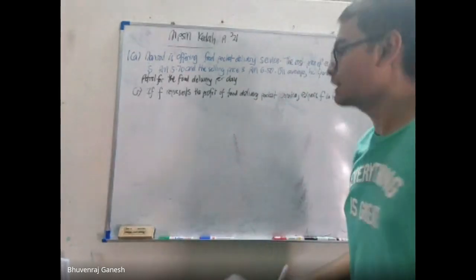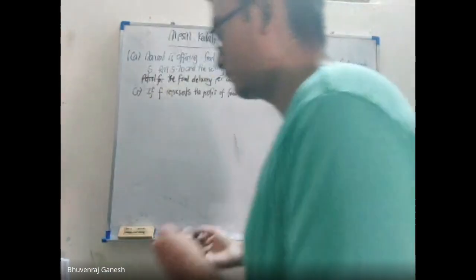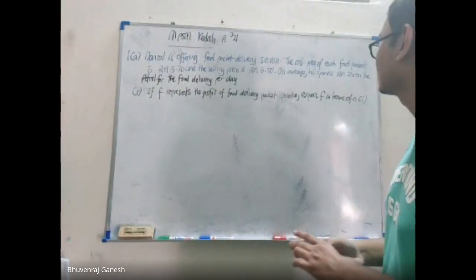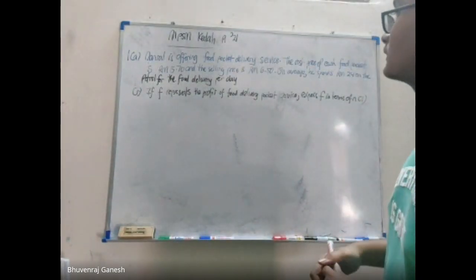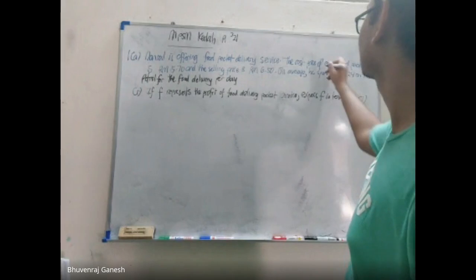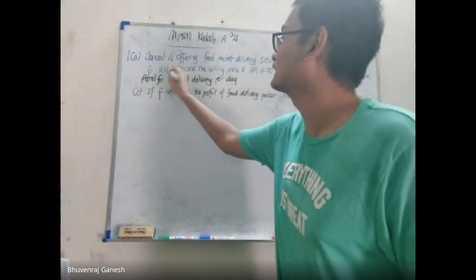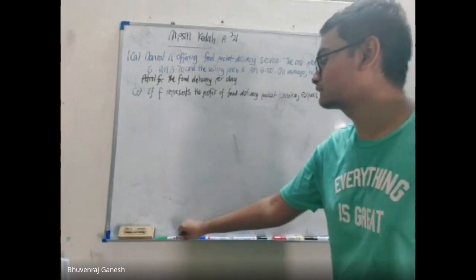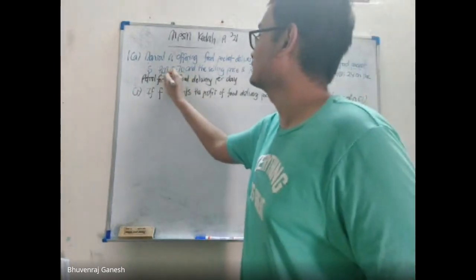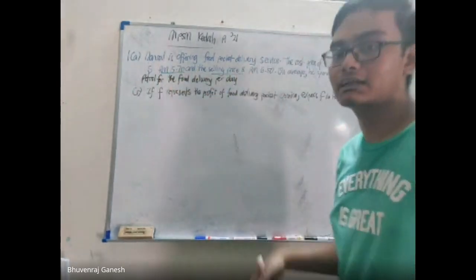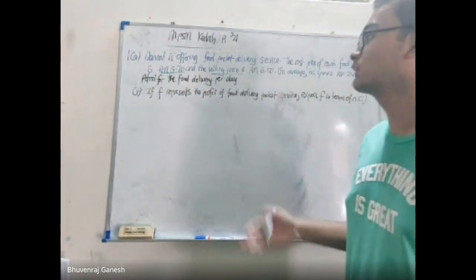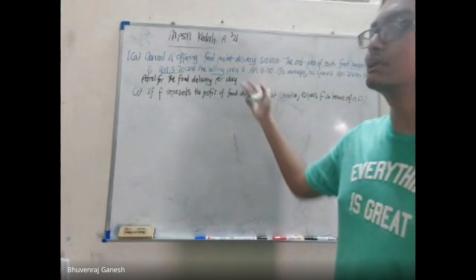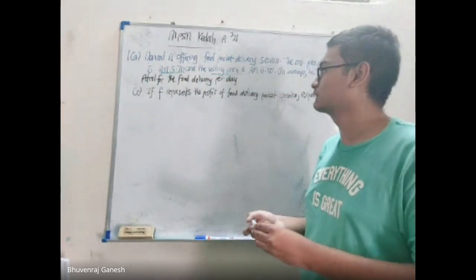So they said if F represents the profit of the food packet delivery service, to express F in terms of N. So they said Daniel is okay. So the cost price of each food packet is RM 570. So there's 2 prices involved here, cost price and also selling price. So the profit is going to come from the selling price minus the cost price, of course. Cost price is your production cost and selling price is the one you sell to the customers.